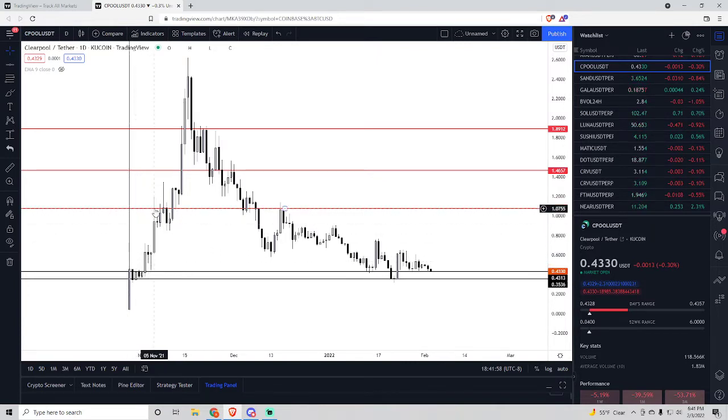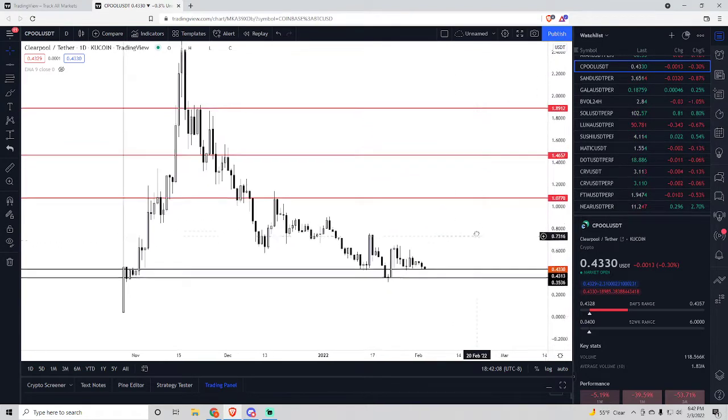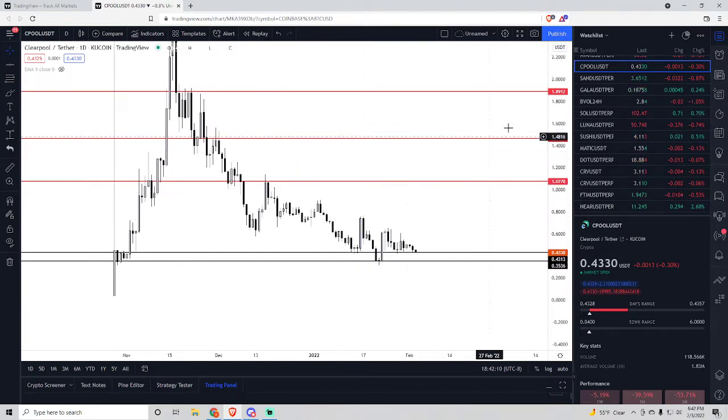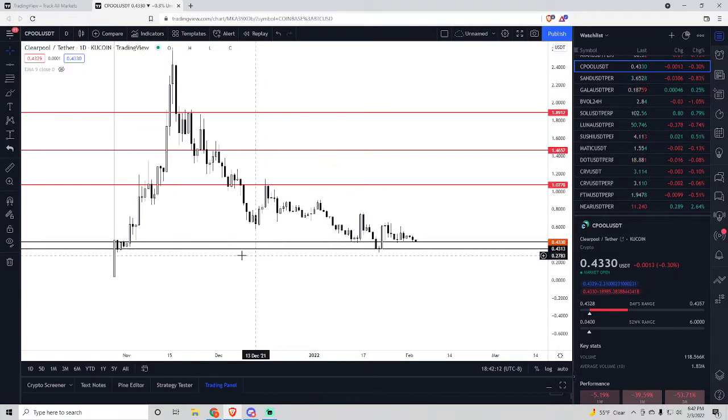Now, the lower the time frame you go, the weaker the zones are going to be. So that's why I start in the higher time frame, as they are going to be stronger areas. But if you're going to be a scalper, then you might use the hour or 15-minute to identify these zones.